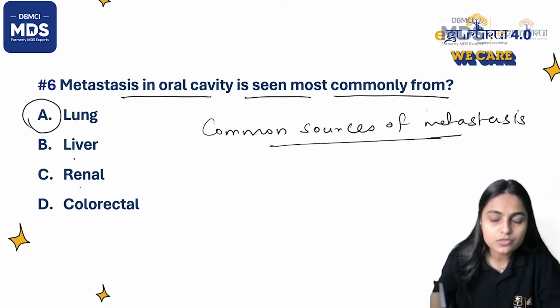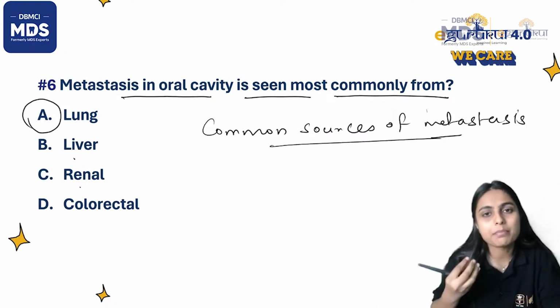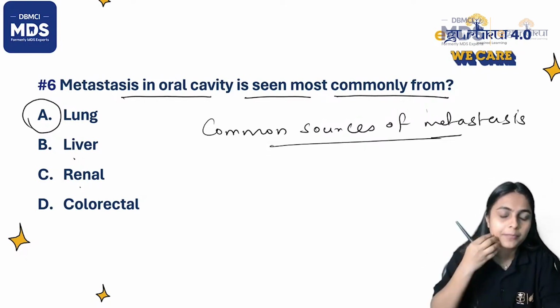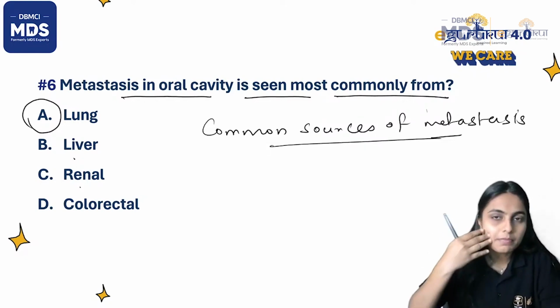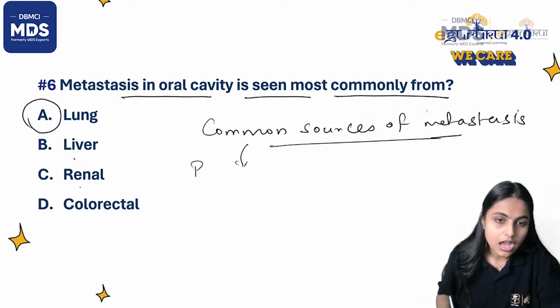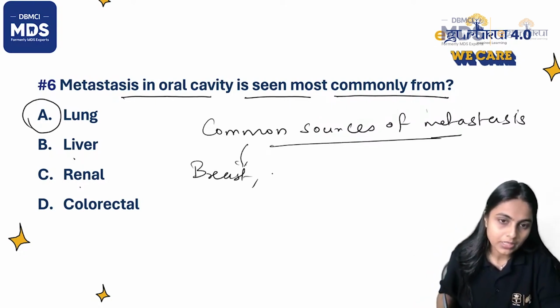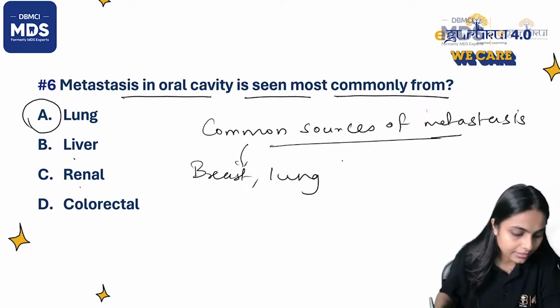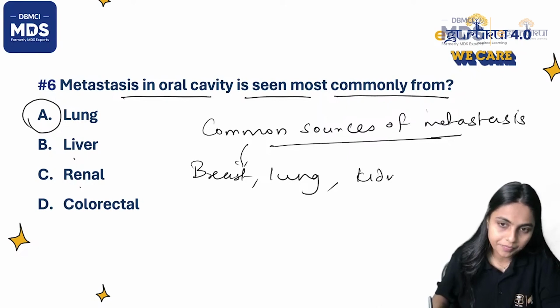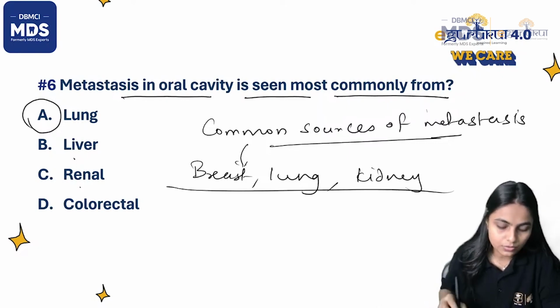So common sources of metastasis, if the primary tumor is somewhere else and it is coming to the oral cavity, the common sources are breast, lung, kidney. Okay, these are most common sources.